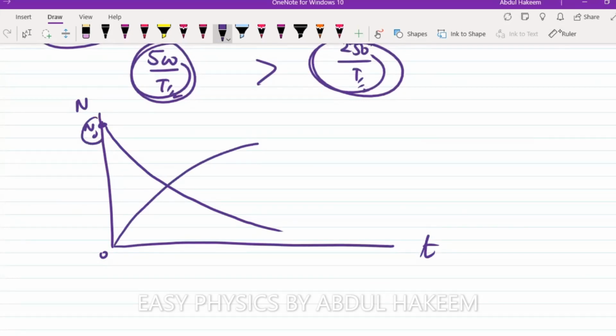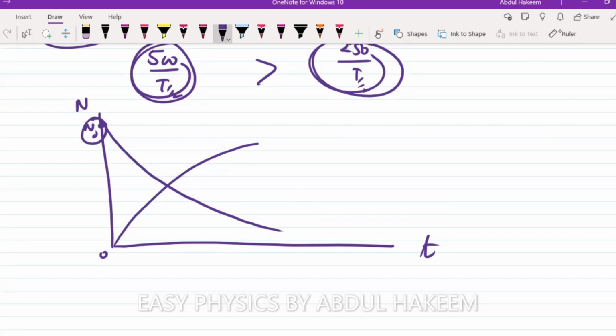So the radioactive nuclei are decreasing in number, but the new elements are increasing in number, because uranium converted into neptunium, uranium converted into thorium. And the time taken by any radioactive sample to decay to its half is called the half-life. Now this radioactive decay is a random process, a spontaneous process.